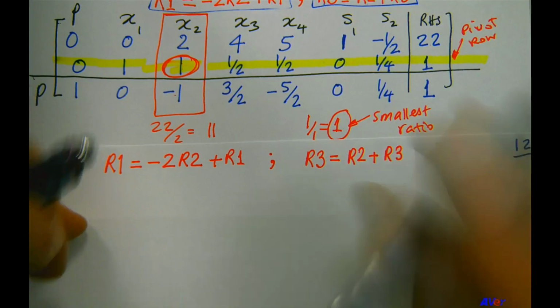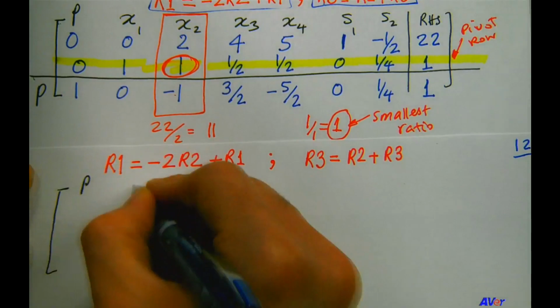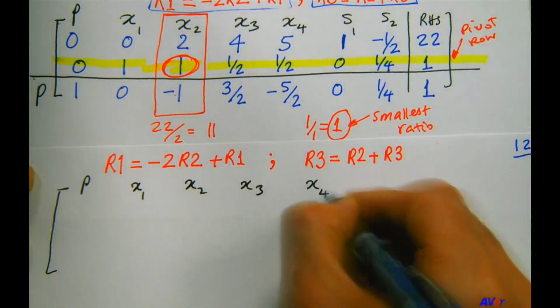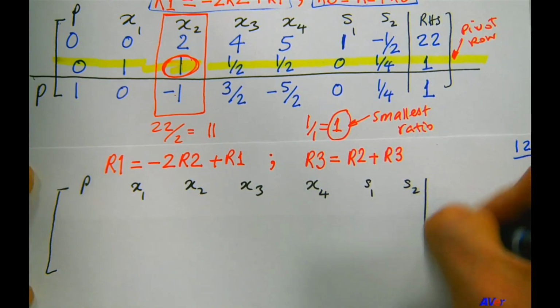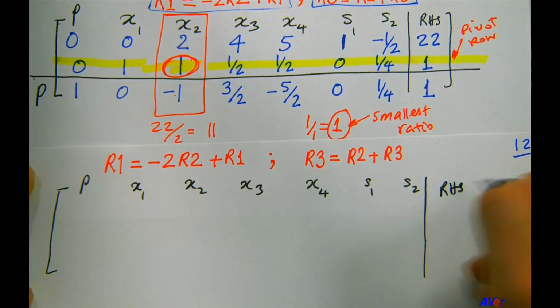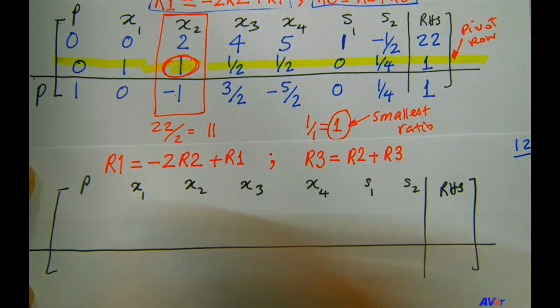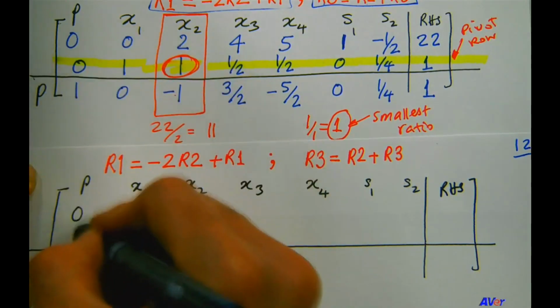So we have P, X1, X2, X3, X4, S1, S2, and the right-hand side column. The first column is always 0, 0, and 1.